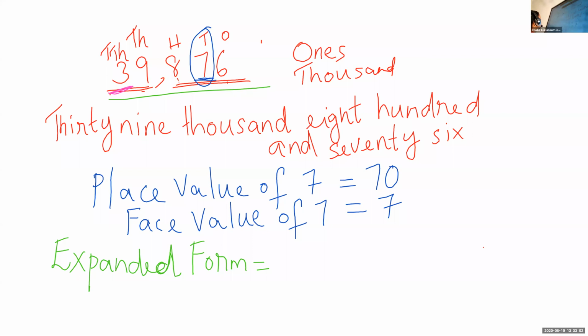Ma'am, I cannot hear you. 3 is in the ten thousands place. So, how will you write that place value? Ma'am, I cannot hear you. Not audible. Yes, Nived, please unmute. Ashwin, please unmute.